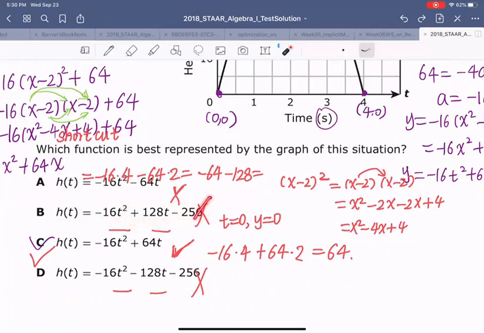No. So B is wrong. For D, when t is 0, is y 0? No. So D is wrong. Now, for A, 0, 0, and for C, 0, 0, all work, correct? Yes.